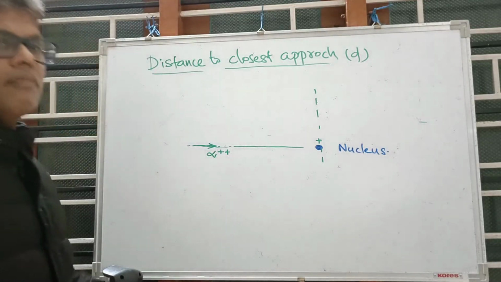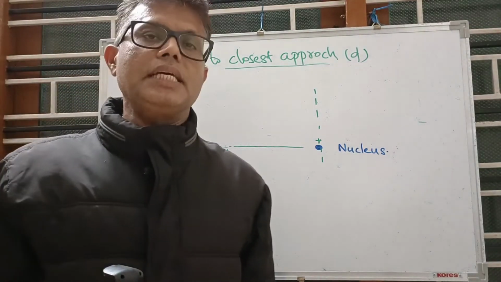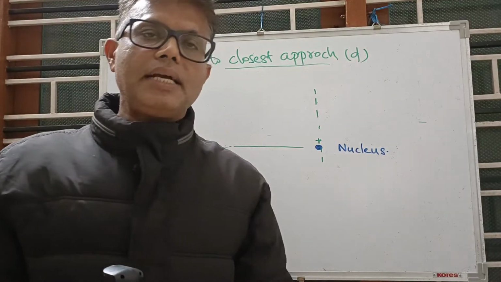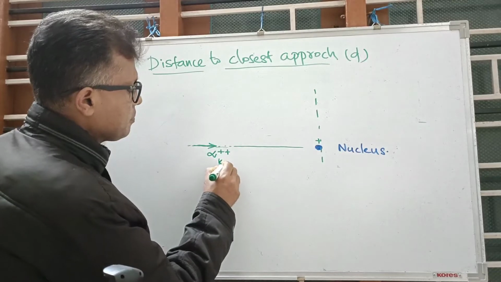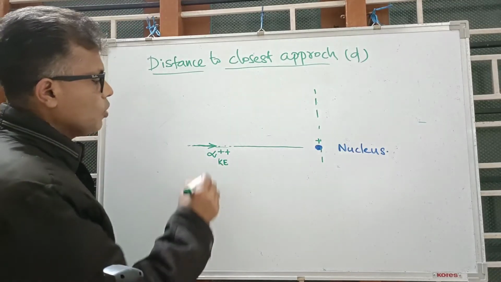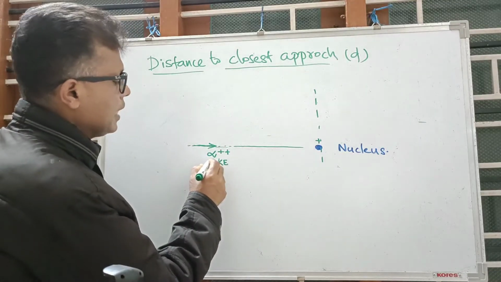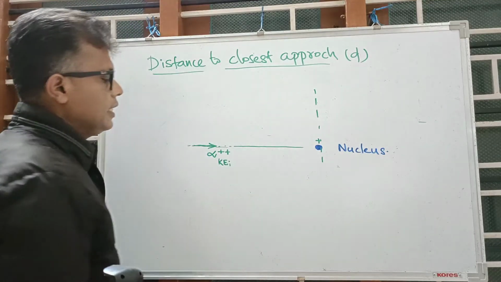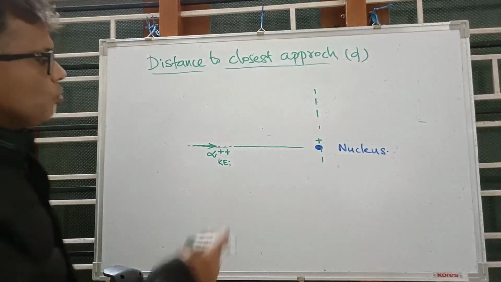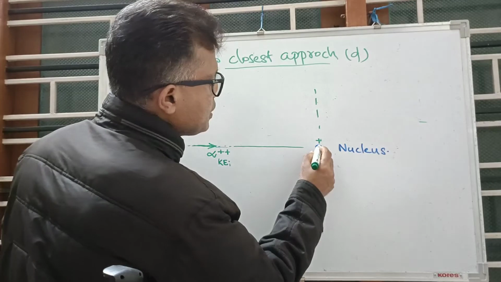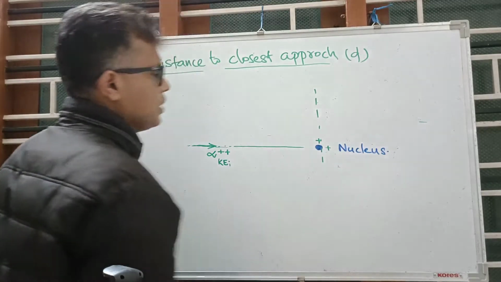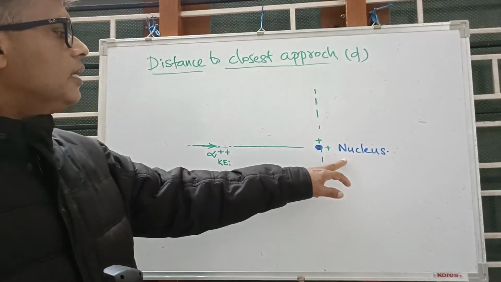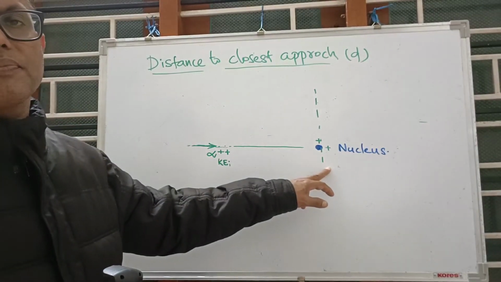I already told you the alpha particle is like a projectile, so it is coming with a kinetic energy. I told you this one is the initial kinetic energy. This nucleus has a positive charge, so it has a potential energy.